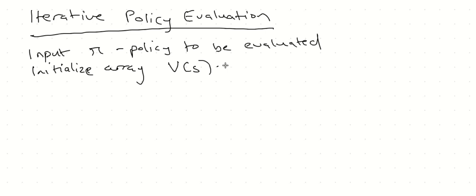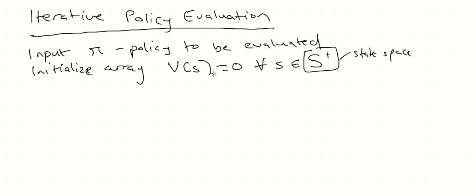V(s) is equal to 0 for all s that is an element of S, which is our state space. So we initialize the values for each state in the beginning to be equal to 0.